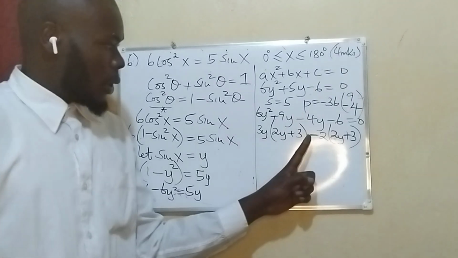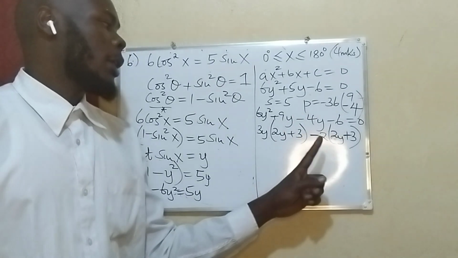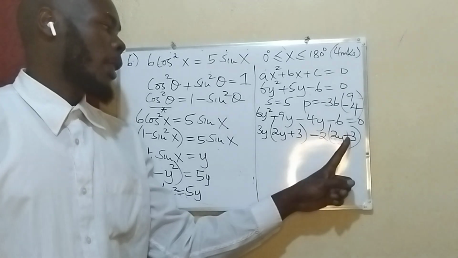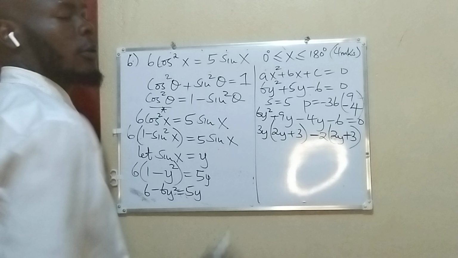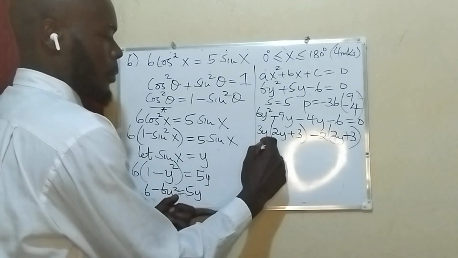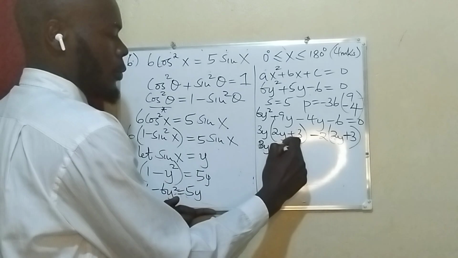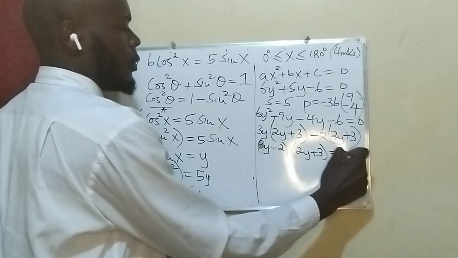You have to be careful here, because when you take negative and positive you get negative, and negative and positive again you get negative. So you have now factorized: 3y minus 2, then 2y plus 3 equals 0.